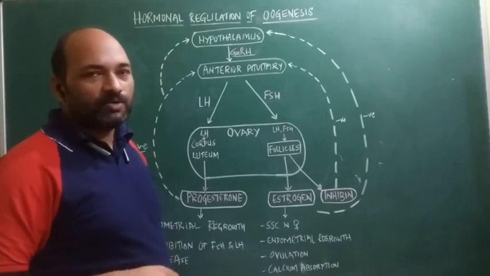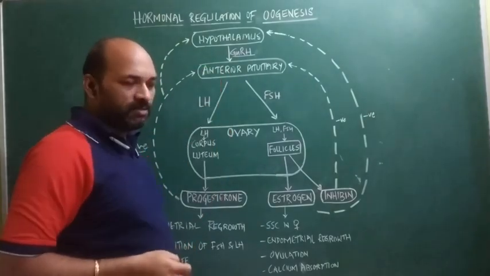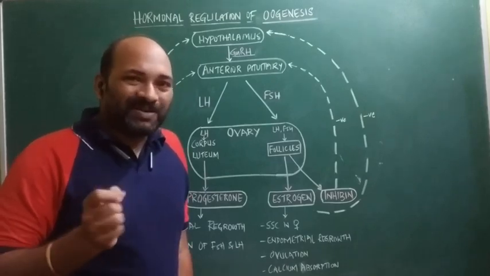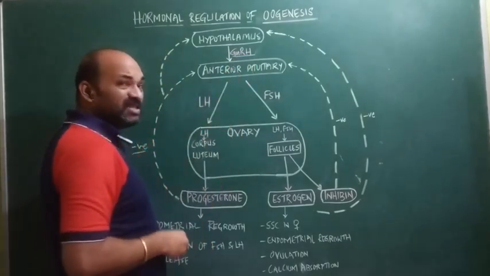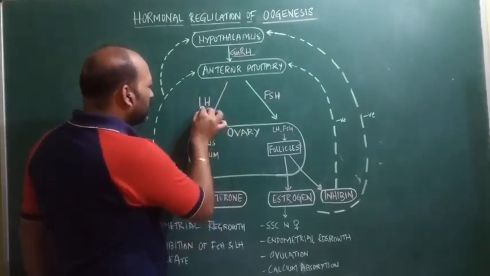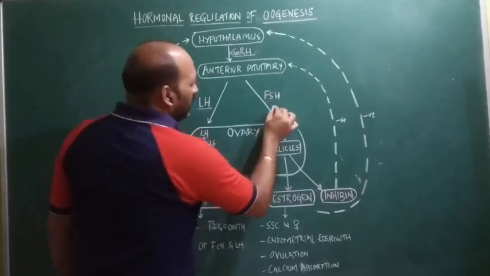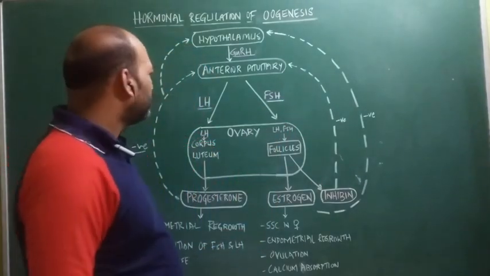This gonadotropin releasing hormone acts upon the anterior pituitary, that is basically the pars distalis, and GnRH stimulates the anterior pituitary to release the hormones called luteinizing hormone and follicle stimulating hormone.